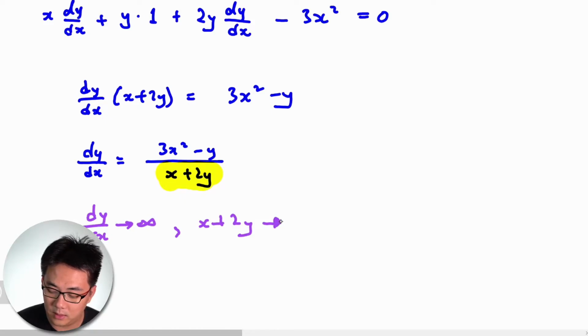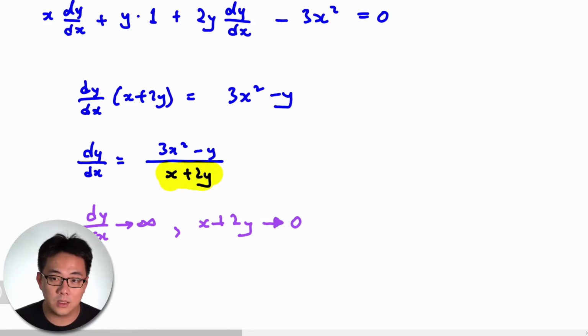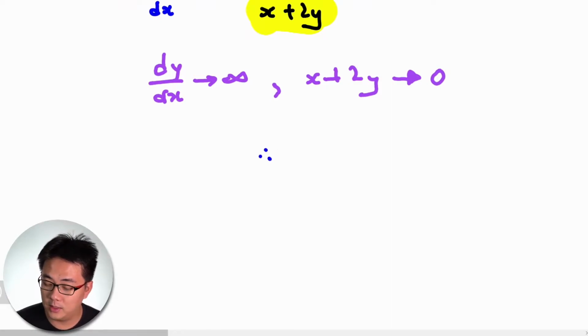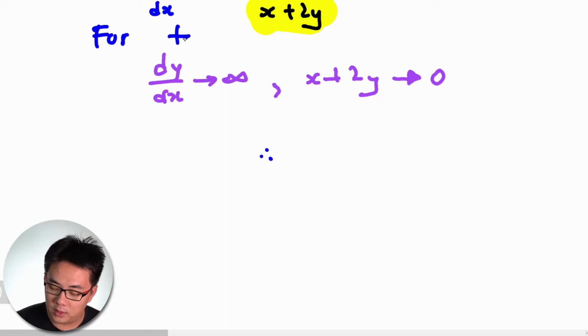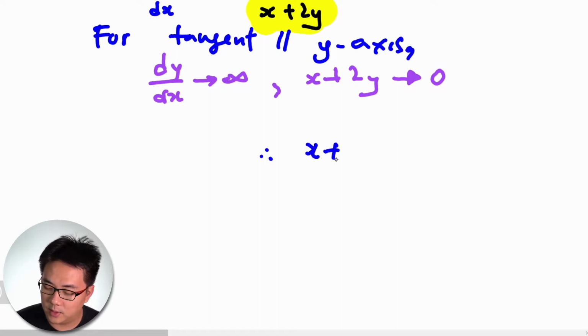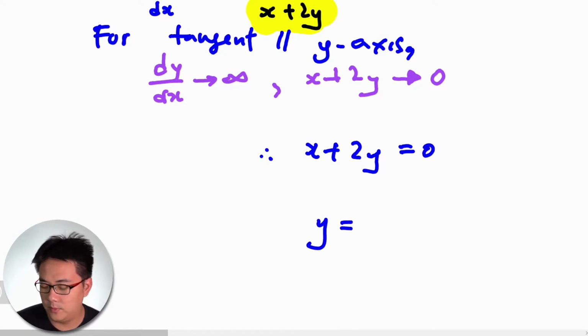This is the important part which you need to take note of, or you could just equate it to 0. Hence, for tangent parallel to the y-axis, x plus 2y equals 0, and y equals minus half x.